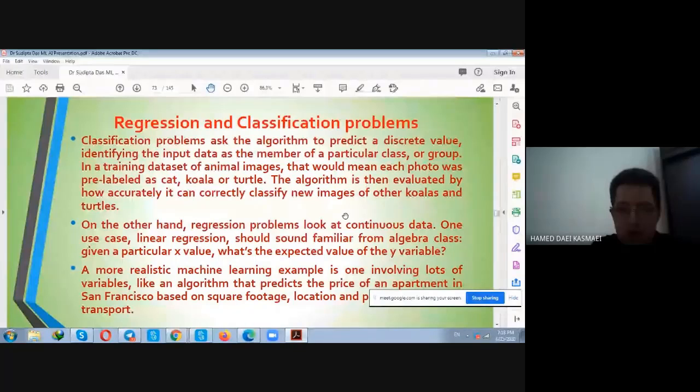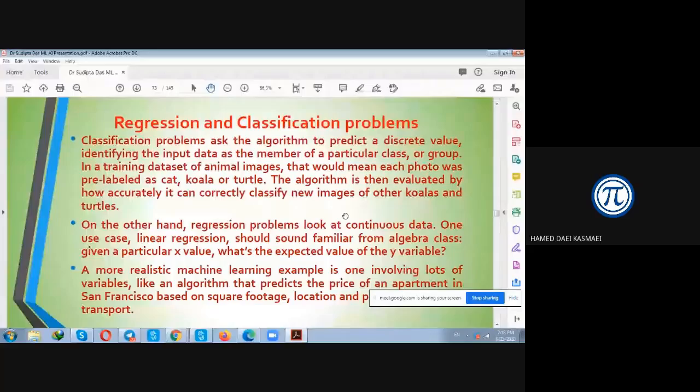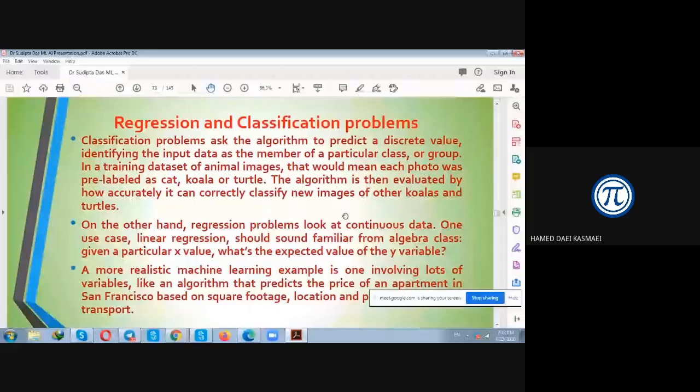So we have both continuous and discrete data. In calculus, as you know, we have continuous data, and we have discrete data that you can do sigma or product on. Okay, so one use case is linear regression, which should sound familiar from algebra class.